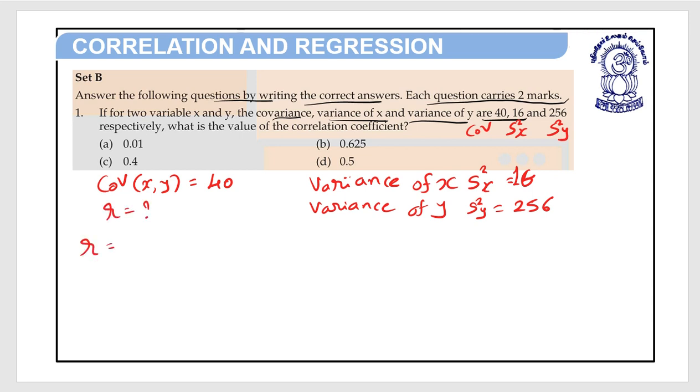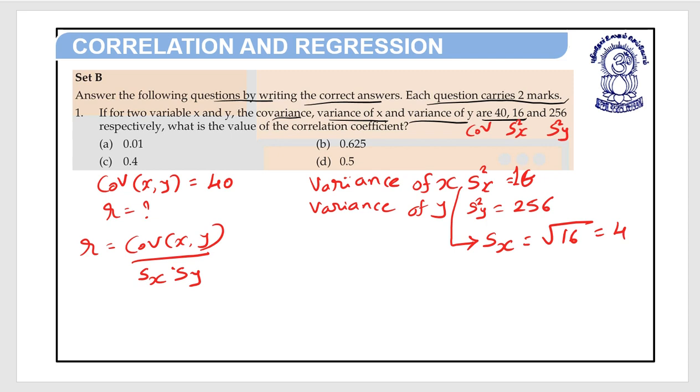So formula of R is covariance of xy upon sx into sy. Here s square x is given, so we can find sx is equal to under root of 16 is equal to 4. Same way from s square y we can find sy is equal to under root of 256 is equal to 16. Okay. So put the value of sx and sy into this.